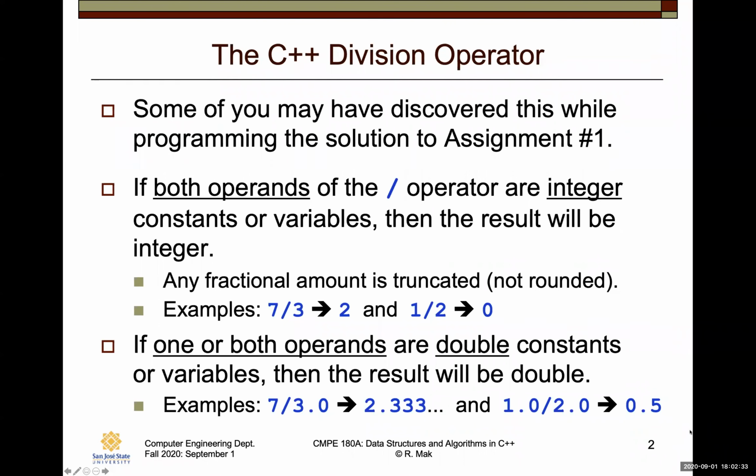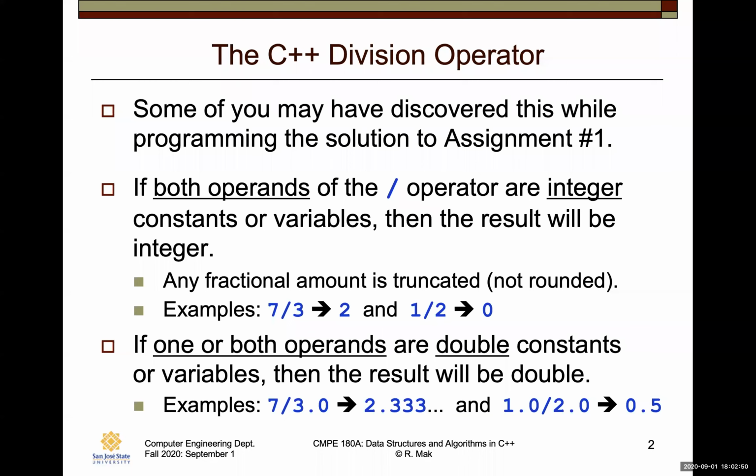So for example, 7 divided by 3 is going to equal 2. And 1 divided by 2 will give you 0. No matter how close the fraction is to the next whole number, it will be dropped off.